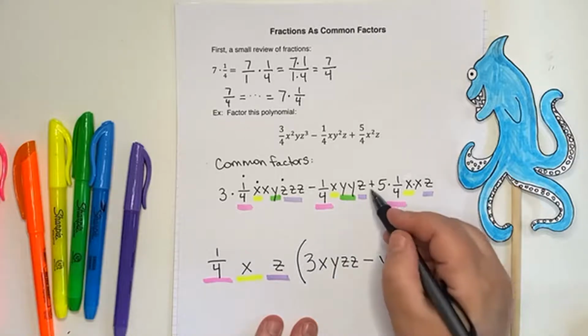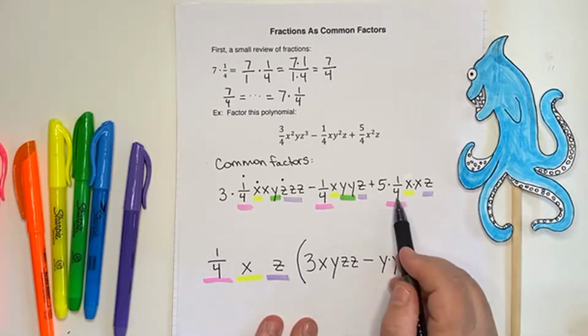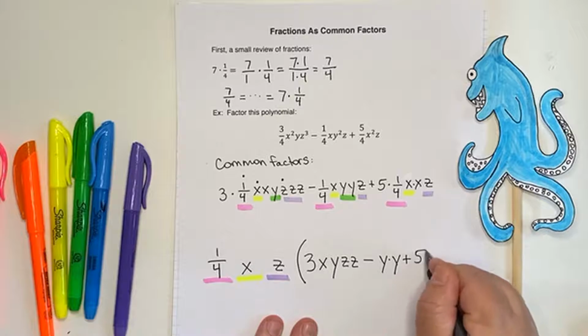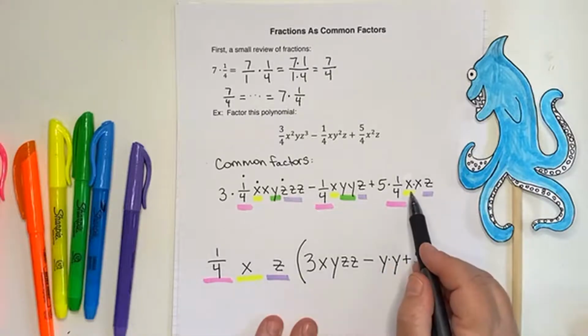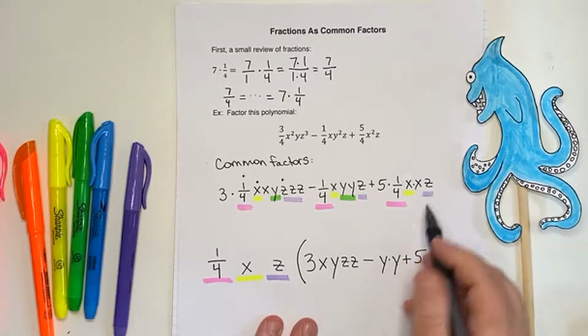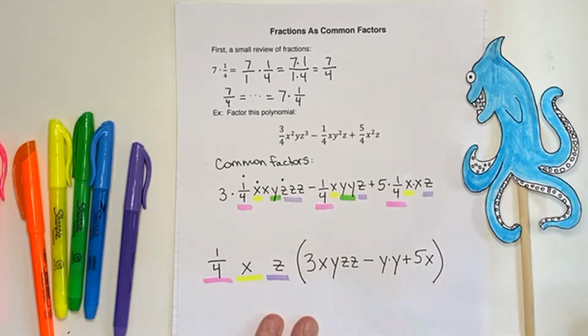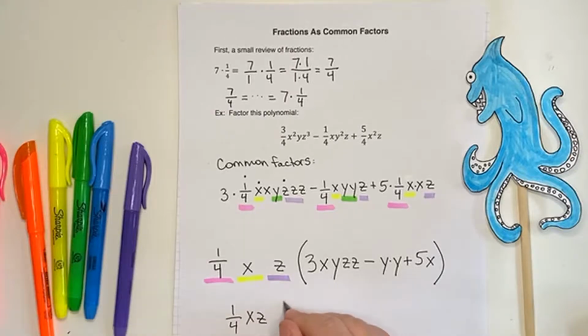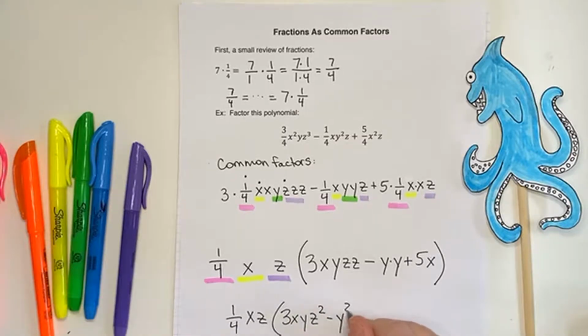And then I've got a plus. Now I take out the 1/4, that leaves the 5. I take out 1x, so I've got 1x left, and I take out the z. So all that I've got left here is 1/4 xz times, inside, 3xyz squared minus y squared plus 5x.